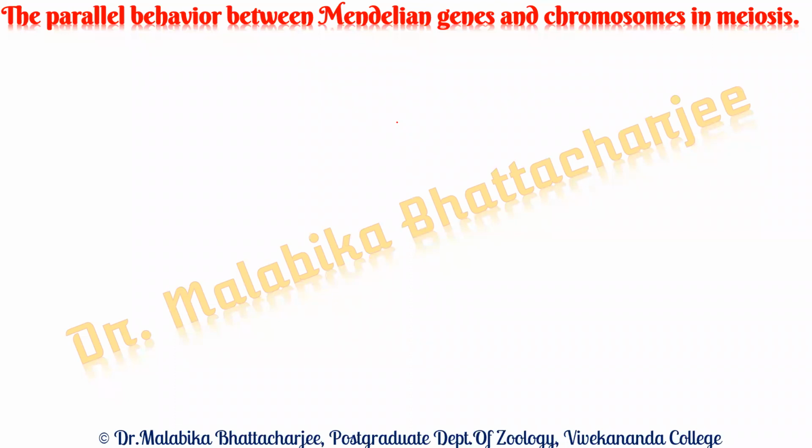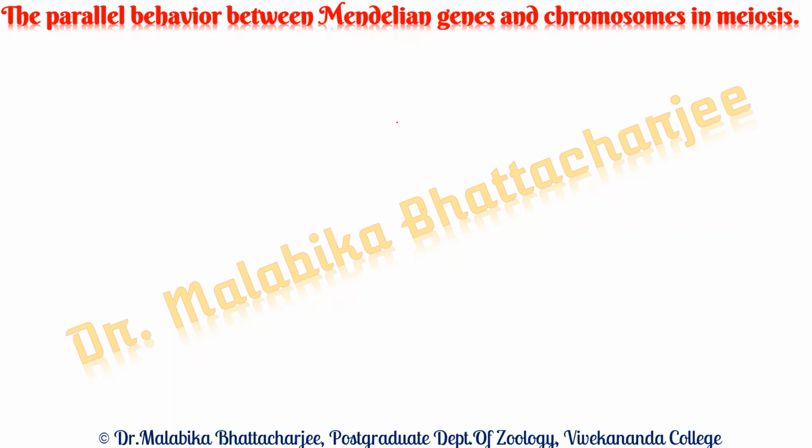Now, since we had done Mendelian laws and the epistatic ratios, and saw them in different categories of alleles, I thought of starting today's class with the concept of what parallel behavior is observed between Mendelian genes and chromosomes in meiosis.